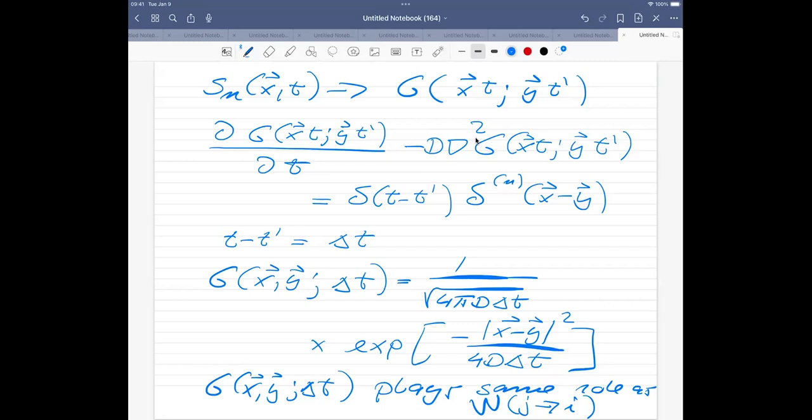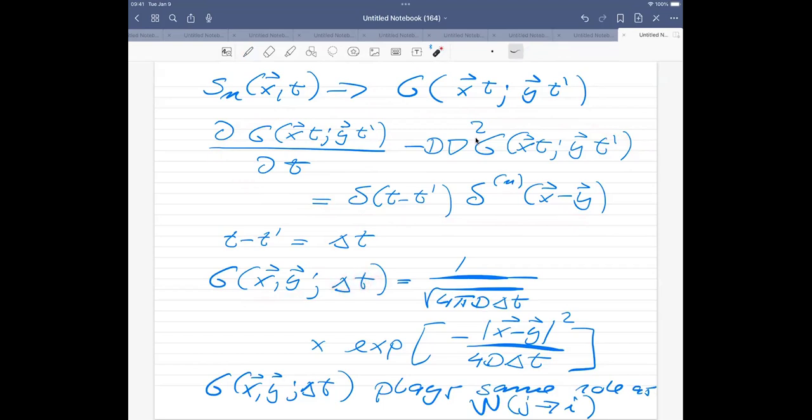So for the physical process of diffusion, we can then find something which is called the Green's function, which is the analytical solution to this problem here, which then represents the probability of making a transition from x to y in a time step delta t.